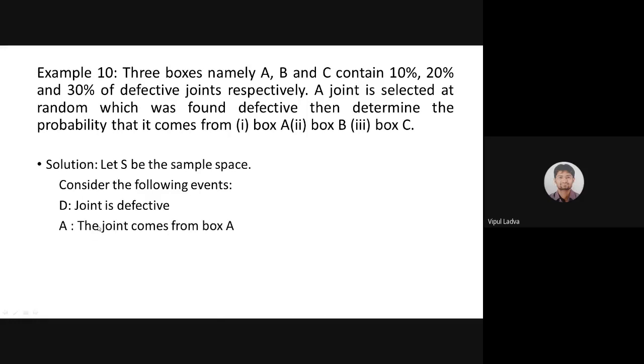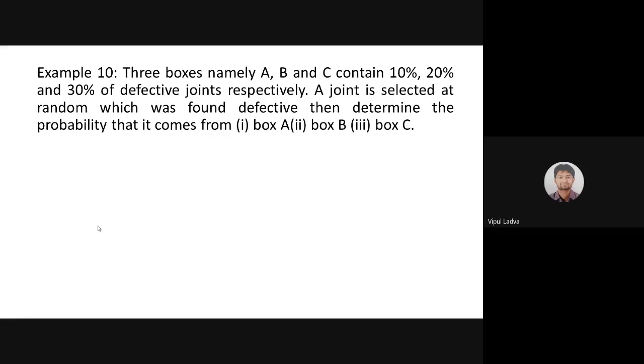Let's label event A as the joint comes from box A. That means the randomly selected joint is from box A. Similarly, for events B and C, the randomly selected joint comes from box B, and the joint comes from box C; that particular event we are going to label with C. Now let's move ahead. Till now we have defined four events: D, joint is defective; A, joint is from box A; B, joint is from box B; and C, joint is from box C.